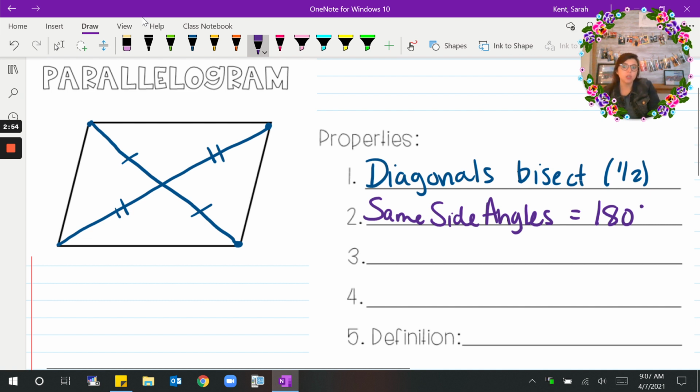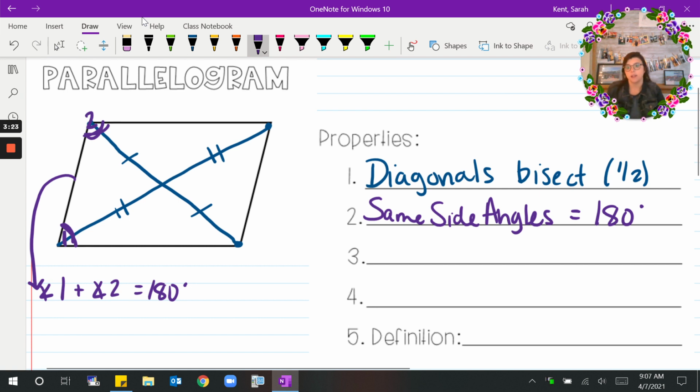That means it's 2 angles on the same side of the shape. They will add to equal 180. So if I have an angle here, and I call this angle 1, and I have an angle here, and I call that angle 2, what that means is angle 1 plus angle 2 will equal 180 degrees. So we can add those 2 to get 180 degrees.